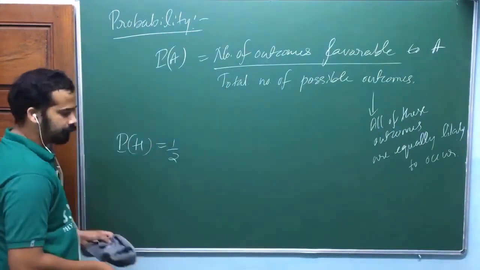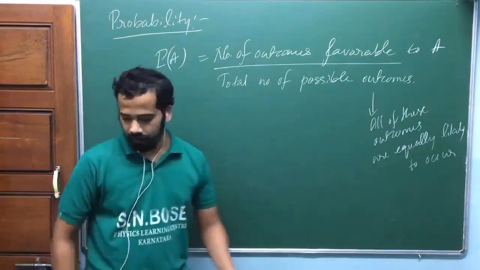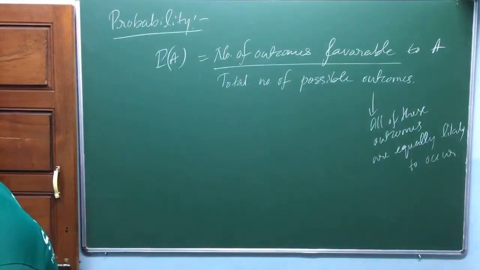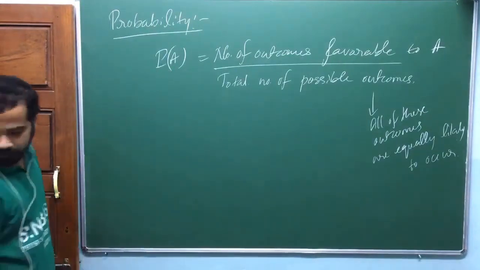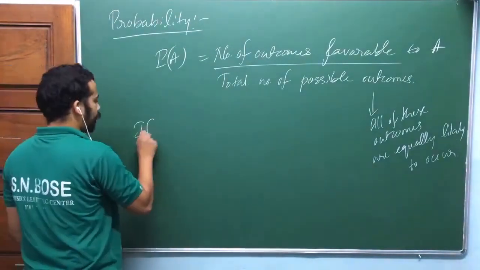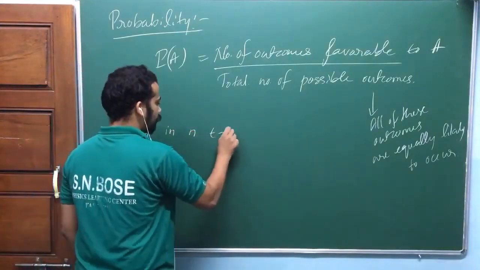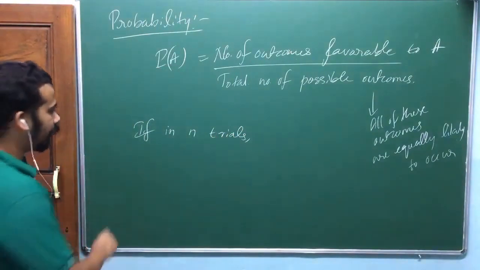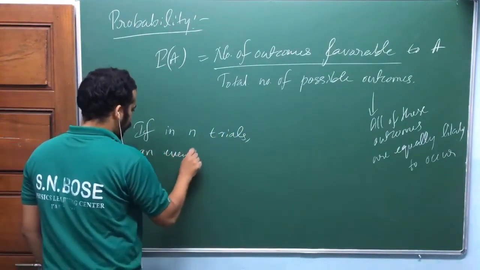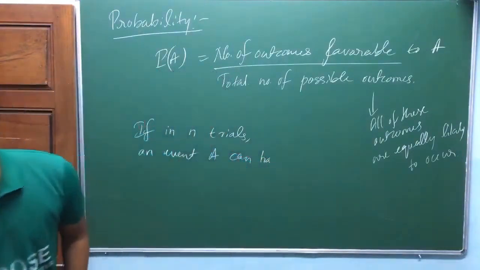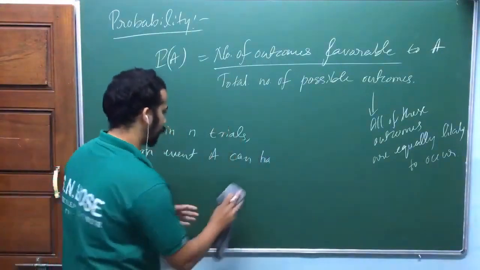Is that okay? Now look at here. This is the actual definition of probability. Again, experimentally, how do you prove that, isn't it? So let me take, if in n trials, event A can happen, and event A happens m times, okay?